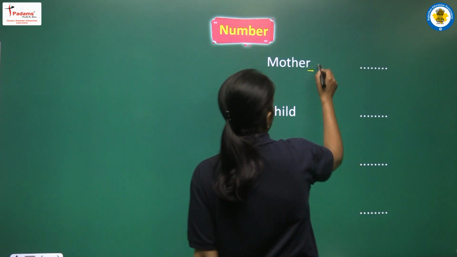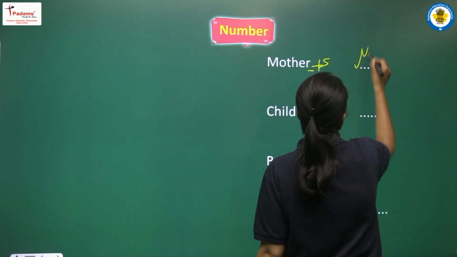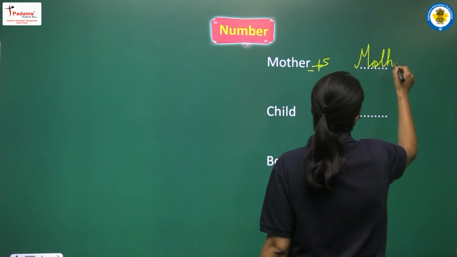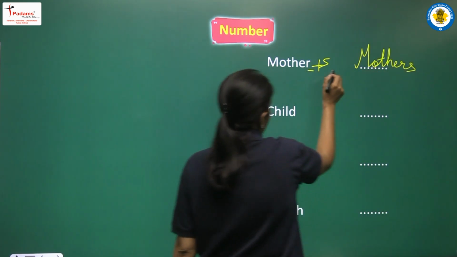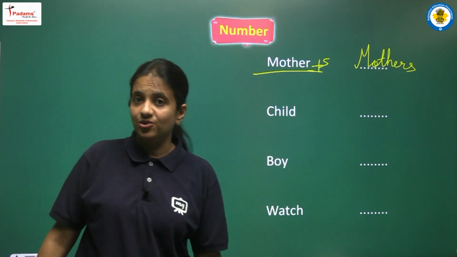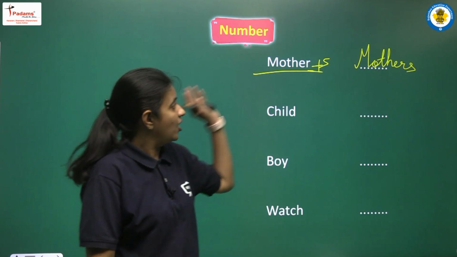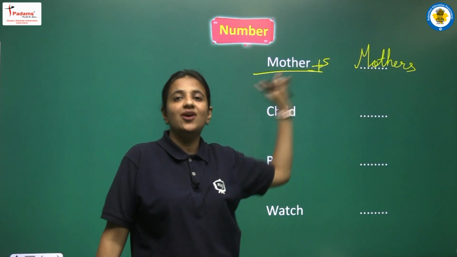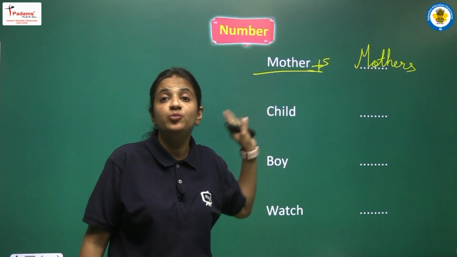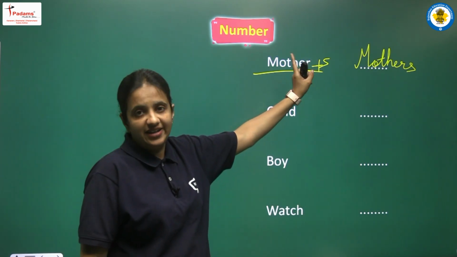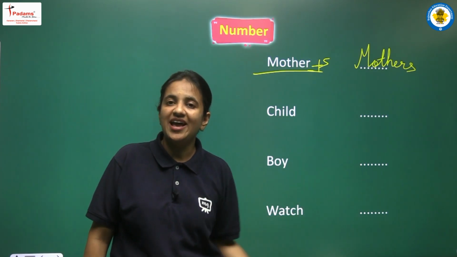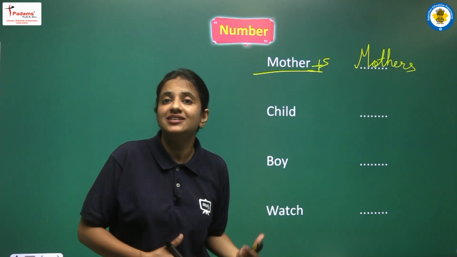So we just have to add S here and it will be mothers. Here we are talking about only one mother, but now we have to change this singular noun into plural. So we are adding S and the new word will be mothers.